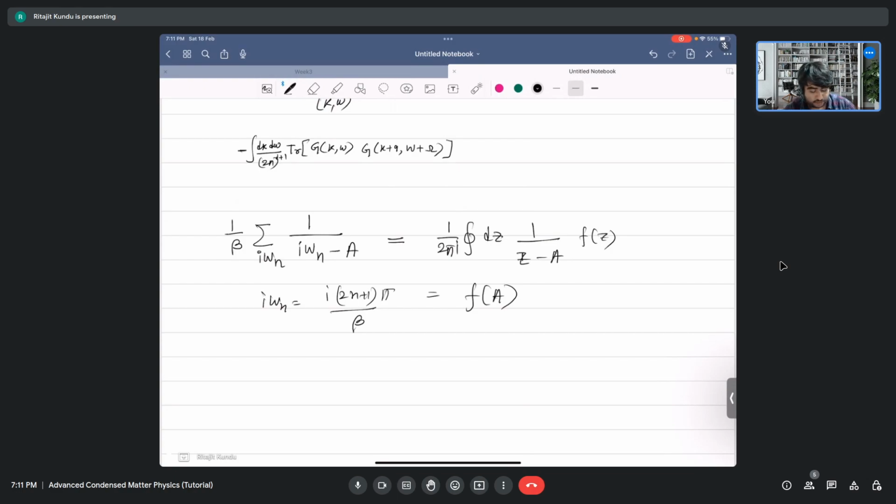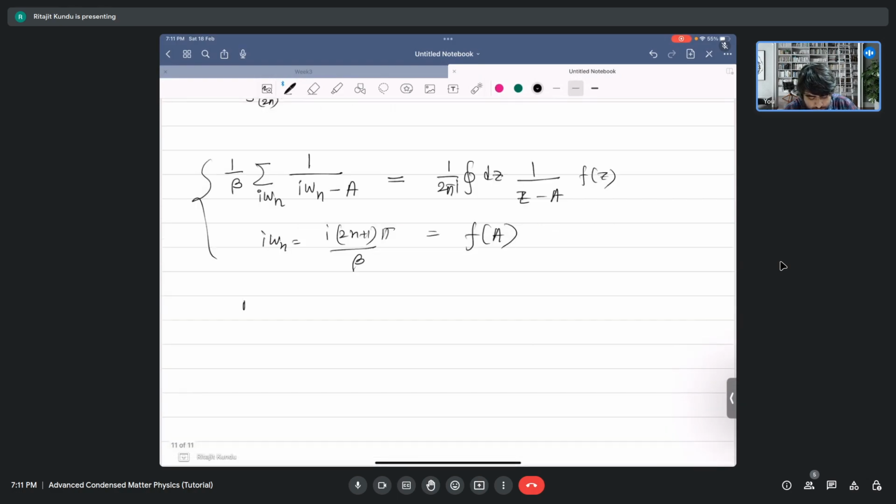Instead of this, if you have not fermionic frequencies but nu_n, these are bosonic frequencies, you can do a similar thing. There you will get a similar result, but with an additional minus, because Bose and Fermi functions have different residues.